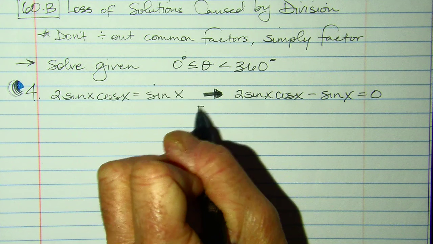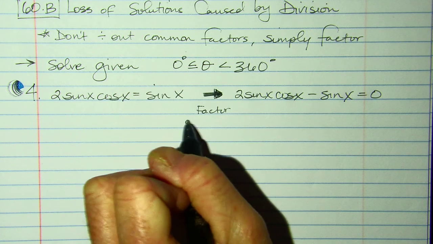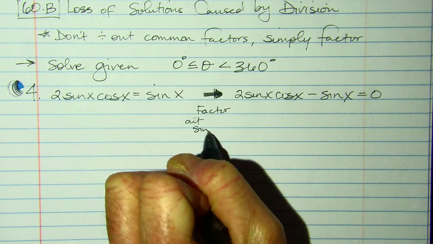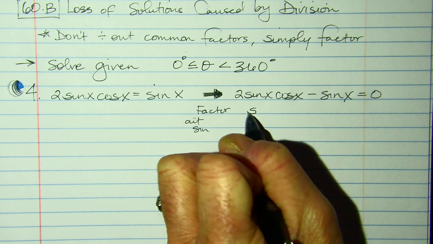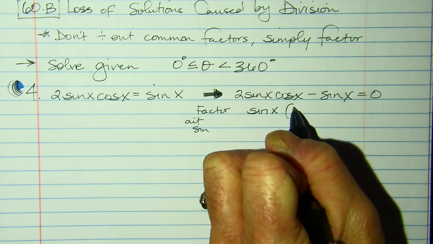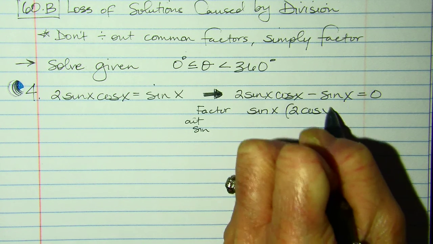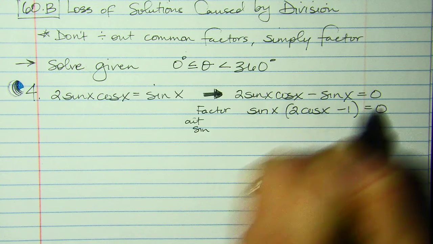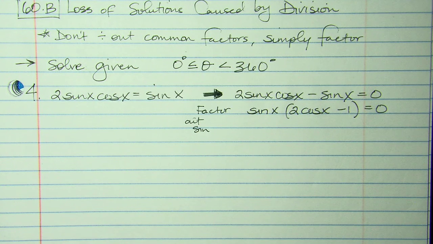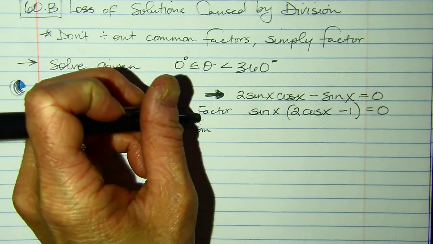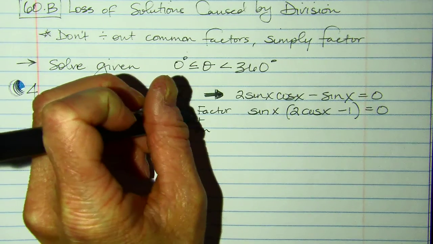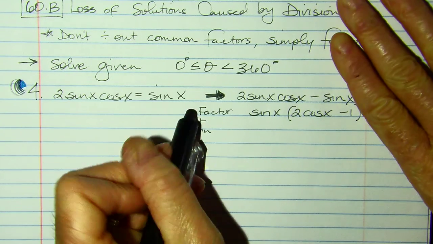Now I'm going to factor out sine. So if I factor out the sine of x, I'm left with 2 cosine of x minus 1 equals 0. Okay, hopefully you can see that. I just removed the sine out of each one.